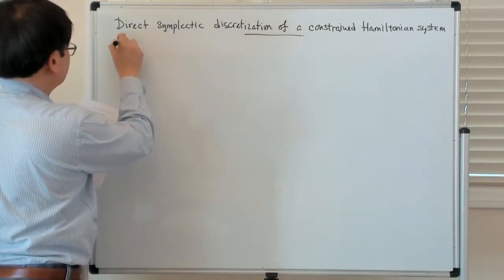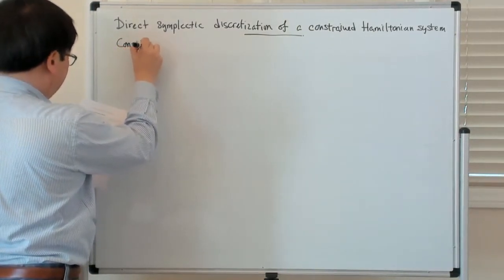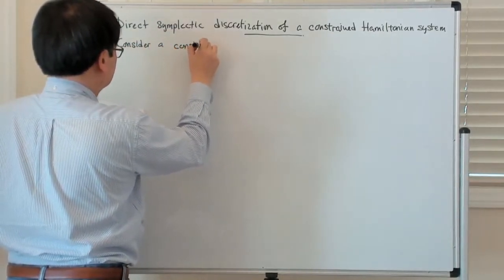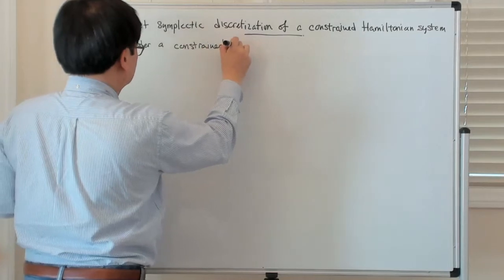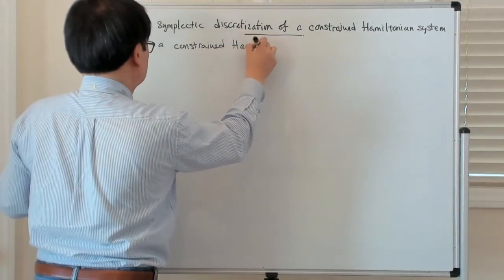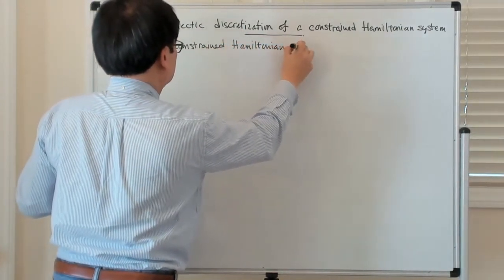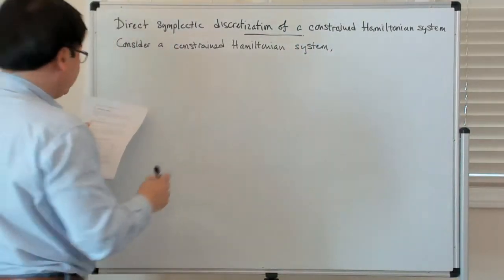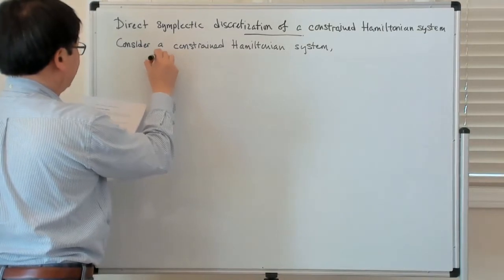So let's consider a constrained Hamiltonian system. And we do this in terms of an augmented Hamiltonian, which we denoted by H tilde.